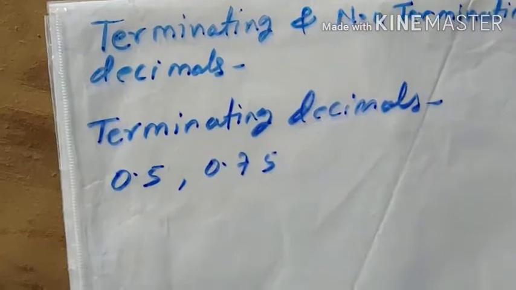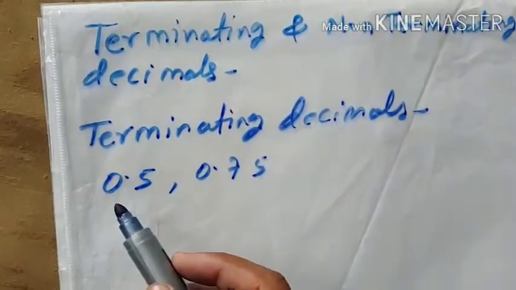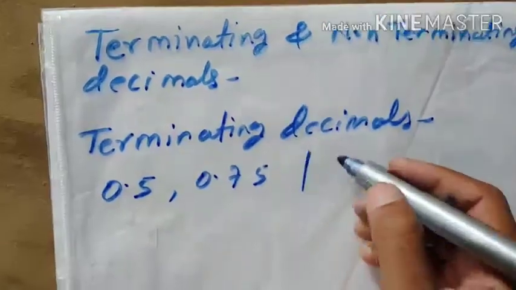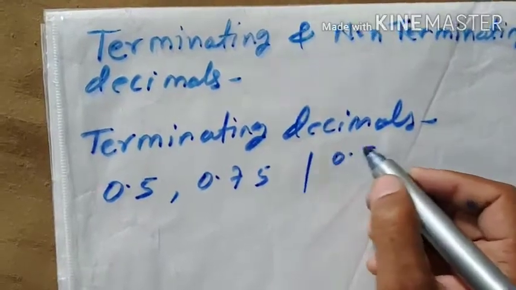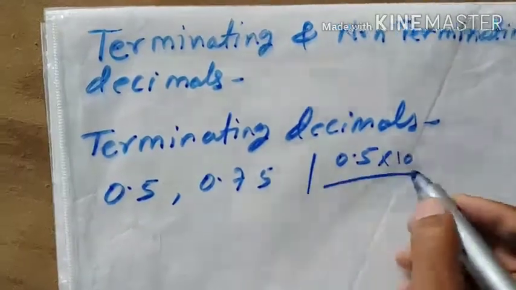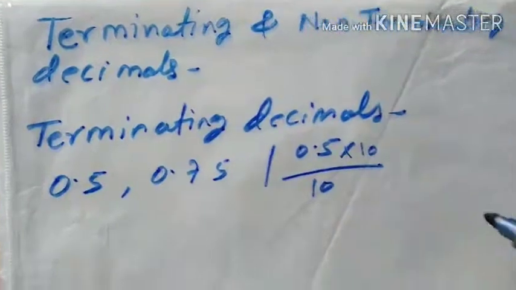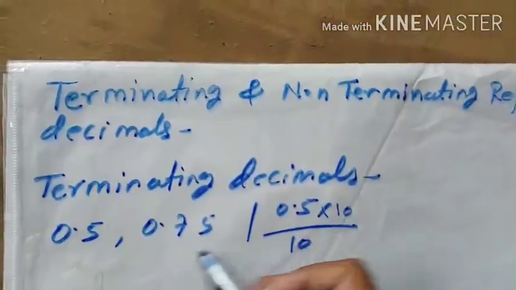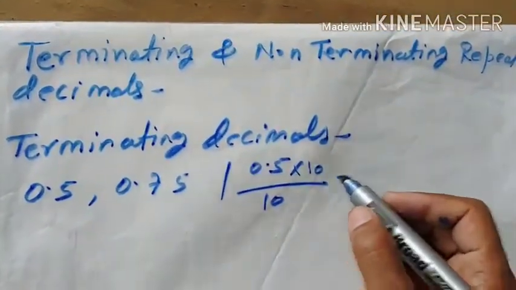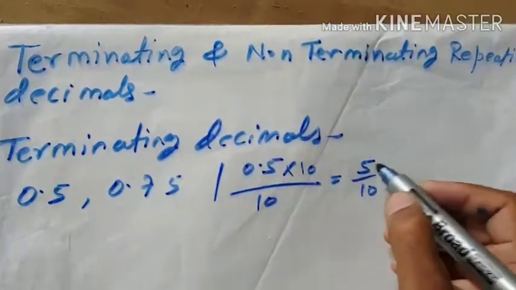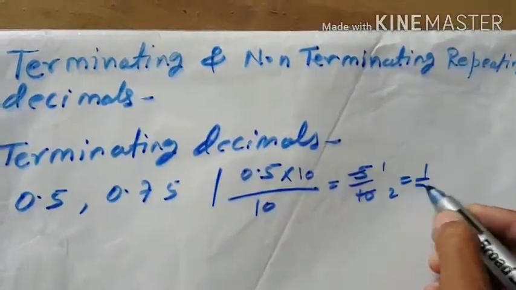First, make it into a rational number. 0.5 will be converted this way. This will also help you remember how to convert a decimal number to a rational number. This will be 5 upon 10, and 5 ones are 5, 5 twos are 10. This is 1 by 2.